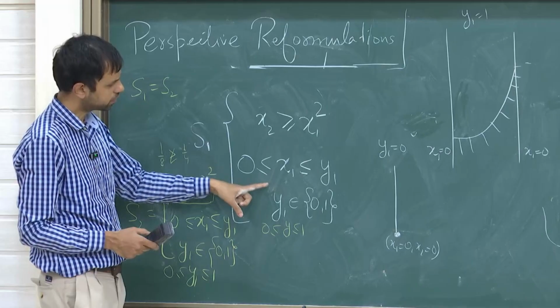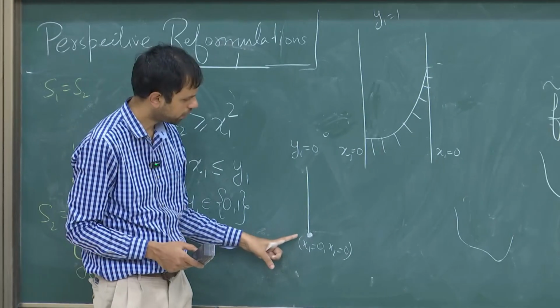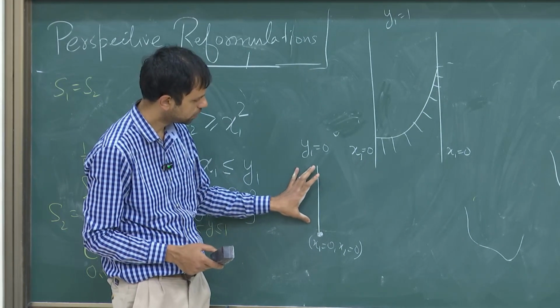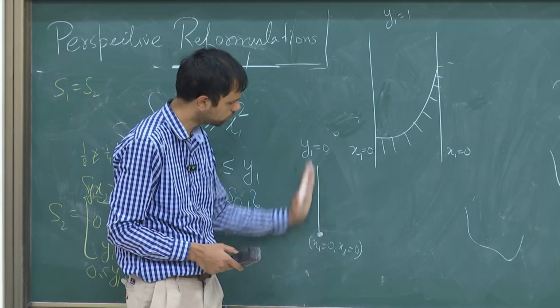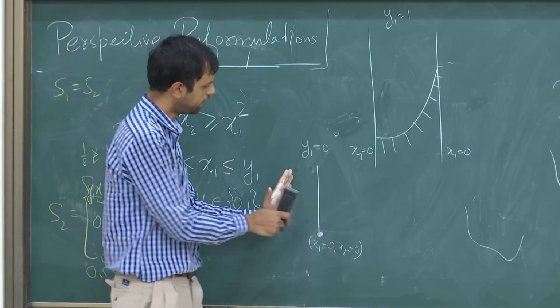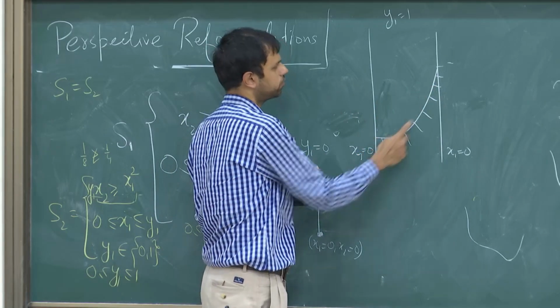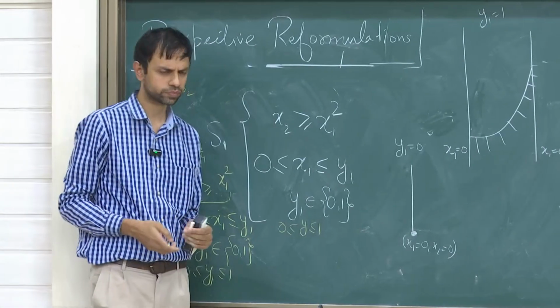All right. So this is very much the case here, because at y1 equal to 0, your function is just one part of a line, and as you go further and further away, it starts expanding, and at y equal to 1 it becomes this shape.